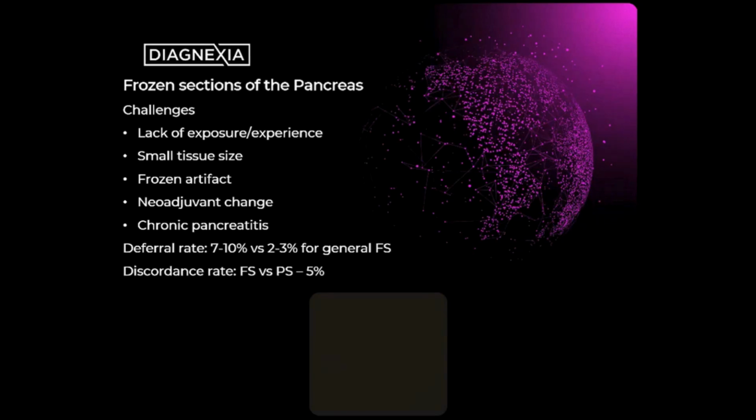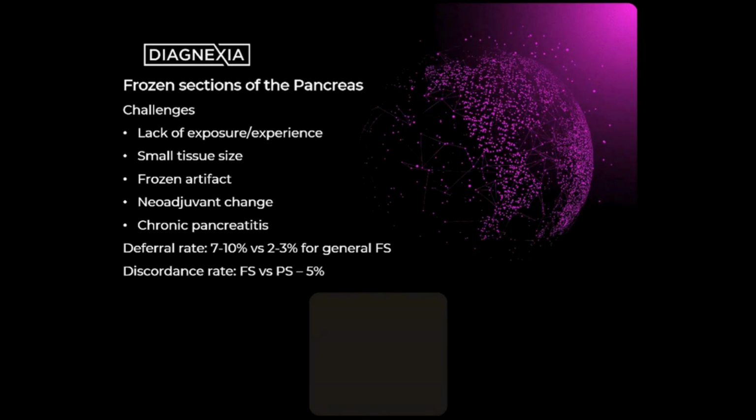And importantly, because of all these issues that I've described, the discordance rate between a pancreas frozen section and the permanent section is up to 5%. Generally, in other frozen section scenarios, it's really around the 1% to 2% mark, depending on what you're being asked to look at. But generally, margins are what frozen sections are all about.